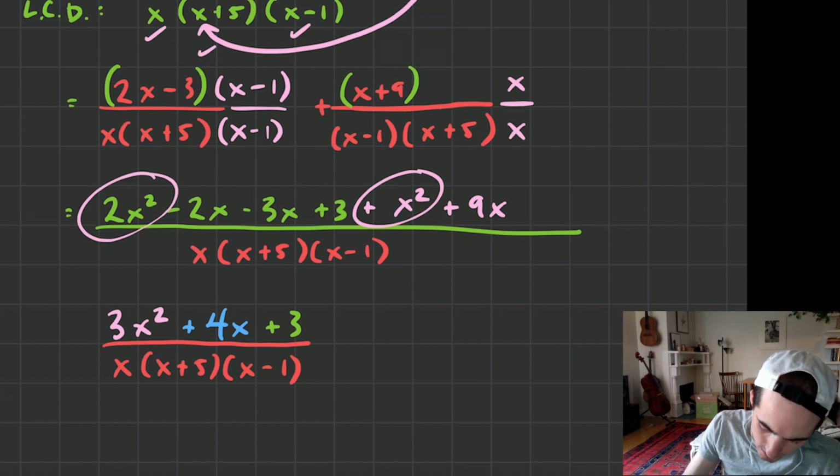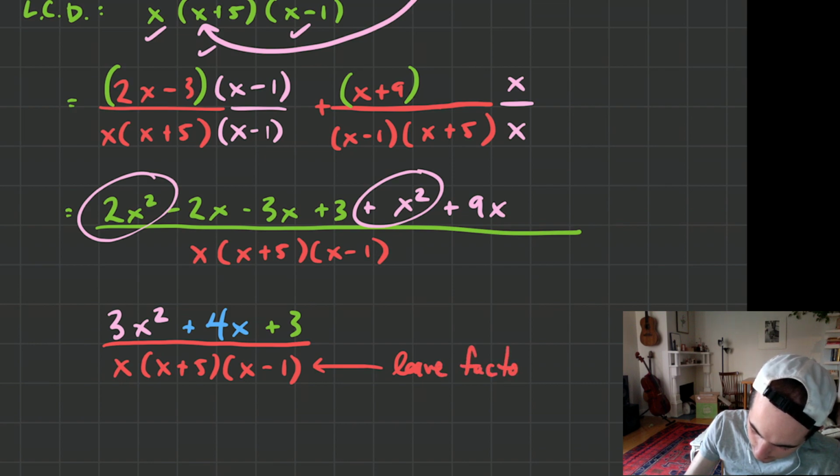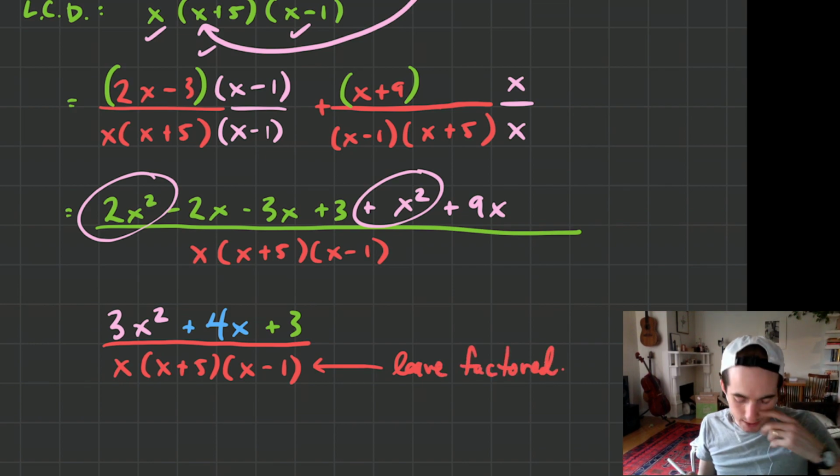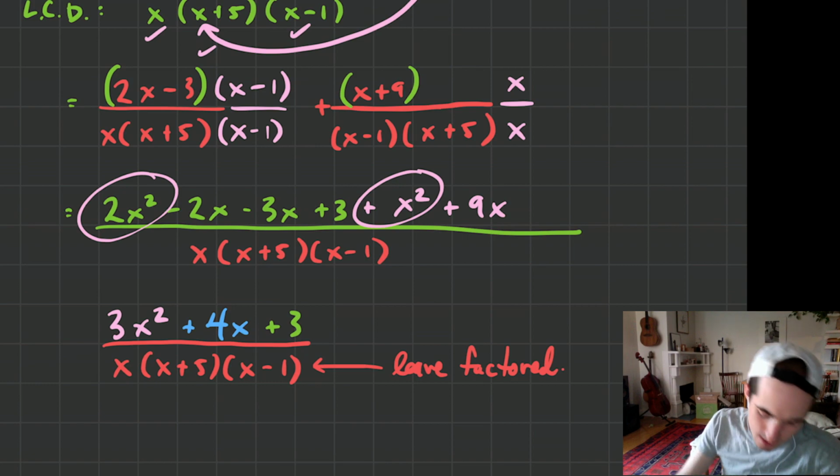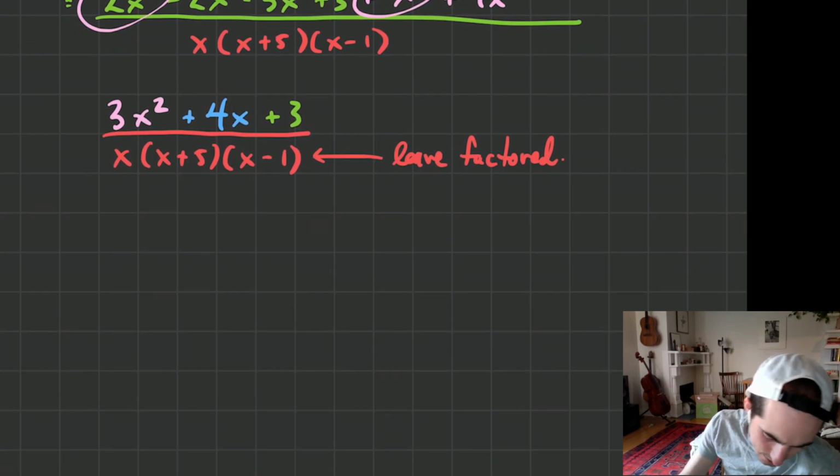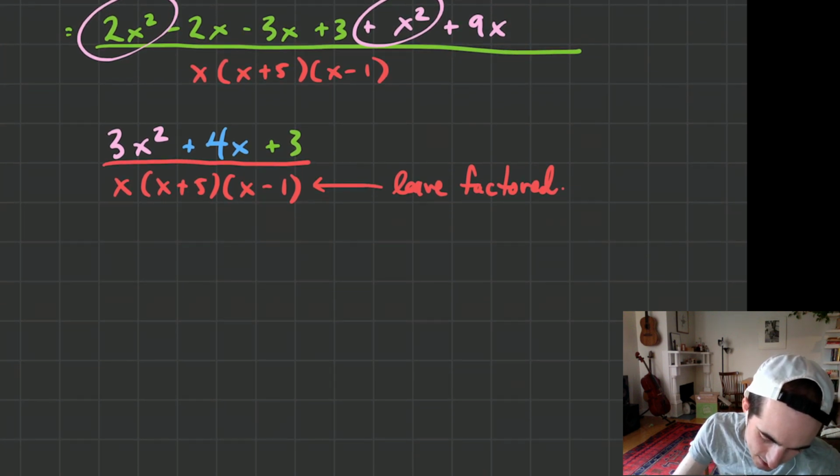And as always, we're going to leave this denominator factored. Okay, this looks good so far, I think. I wonder if we can cancel any common factors. So let's see if we can factor this one. I'm not sure if we can.